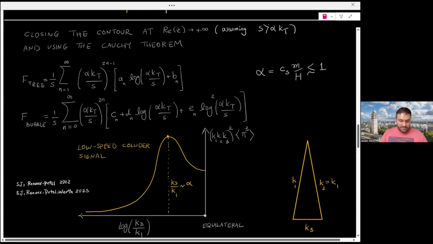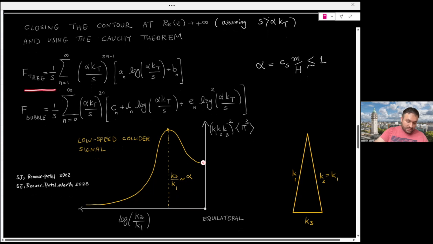And once we have done that, we find that at tree level and at 1 loop, the 4-point function takes this structure. So you have some power law in the ratio between k_total and the intermediate momentum multiplied by a logarithm. For example, at tree level, and you also have a log squared in the case of a bubble.